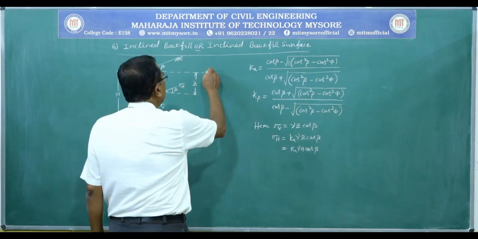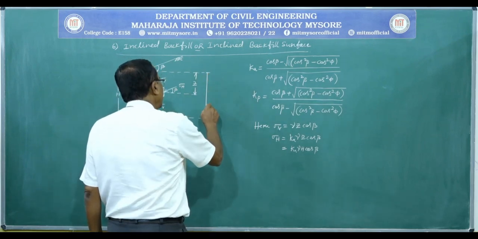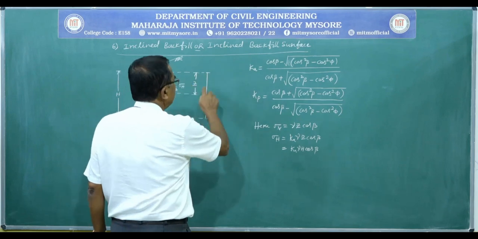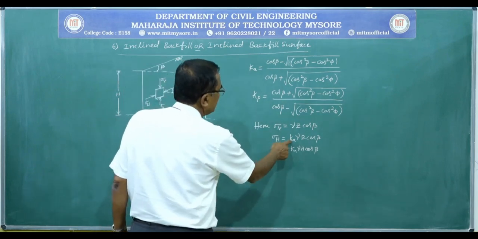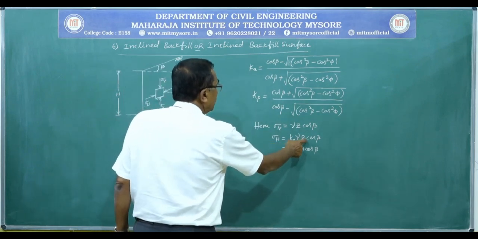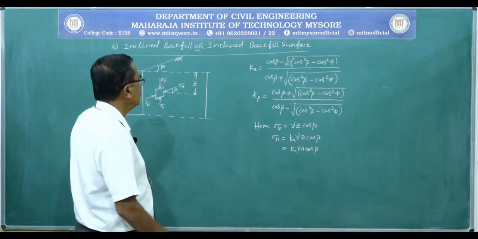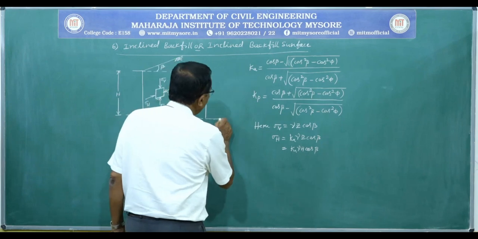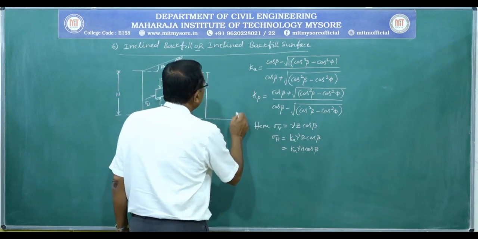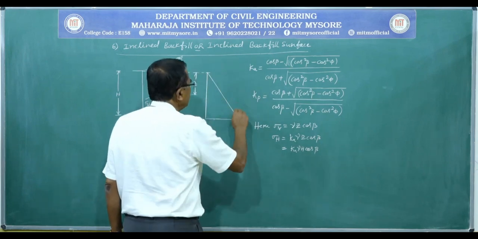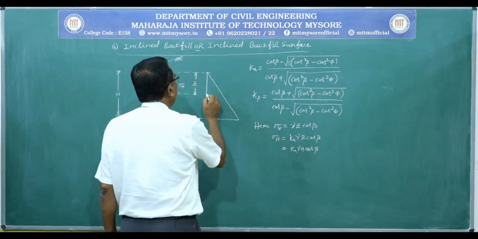So, as usual, the earth pressure at the top is 0. If in this expression you put Z equal to 0, then the horizontal pressure is equal to 0. So the earth pressure distribution diagram takes a triangular form.